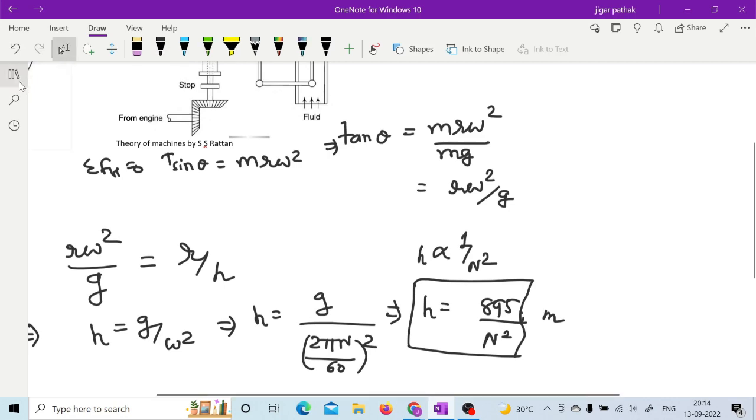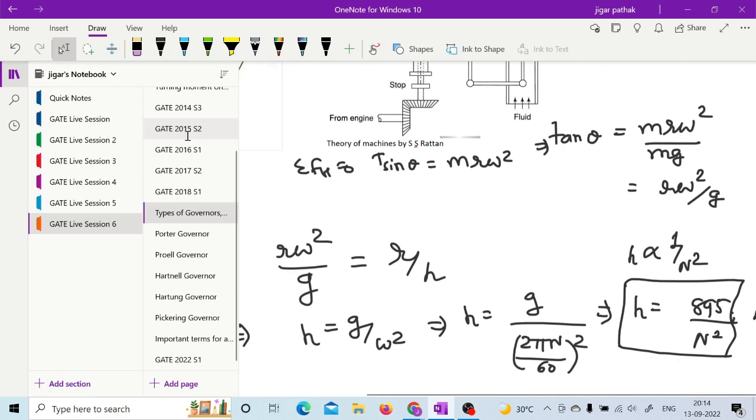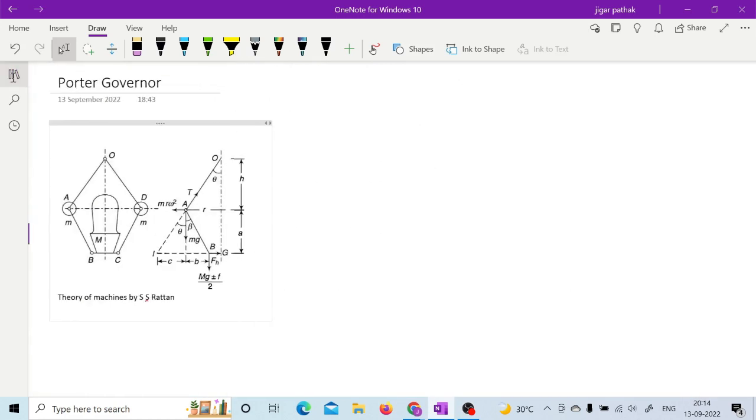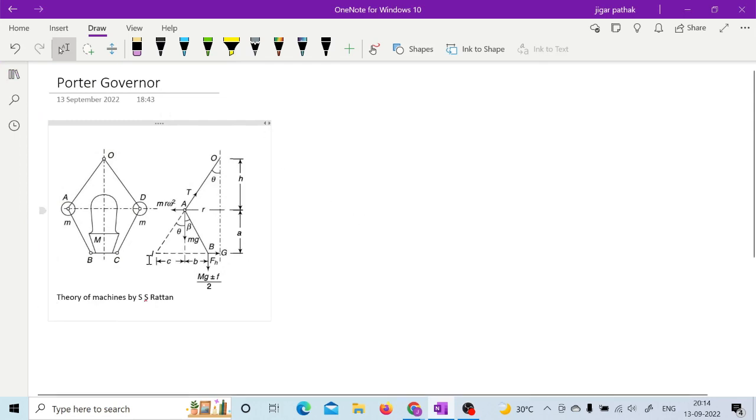So at that higher speed, it is not possible to operate the throttle valve efficiently if h is not changing considerably with respect to change in speed. So in order to overcome this limitation, an extra mass is attached to the sleeve in the Porter governor, as you can see in this figure.